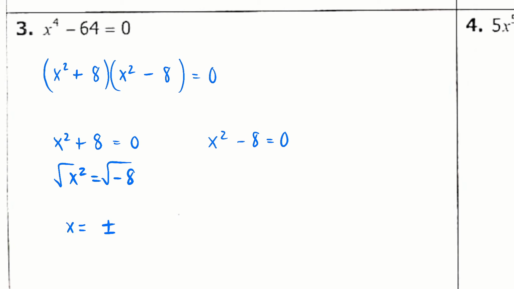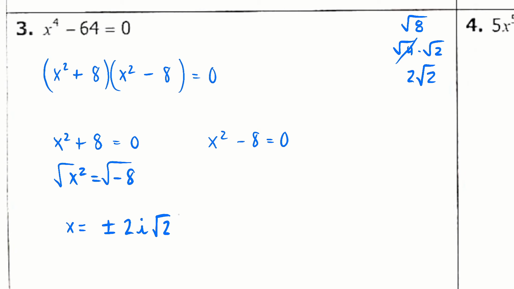Plus or minus. How does that negative come out of the radical? As an i. And if I try to break down the square root of 8, 4 is the biggest perfect square, and it goes in there twice. So this becomes a whole number 2 times the square root of 2. So this is going to be plus or minus 2i times the square root of 2.